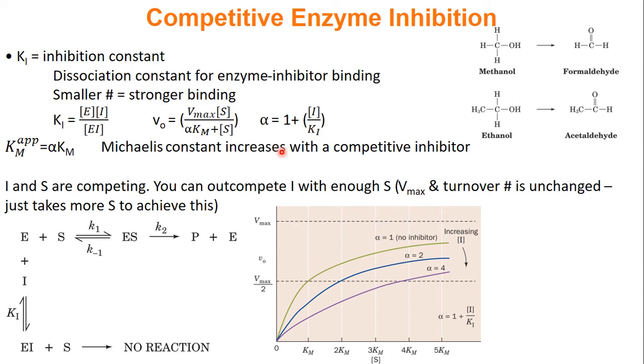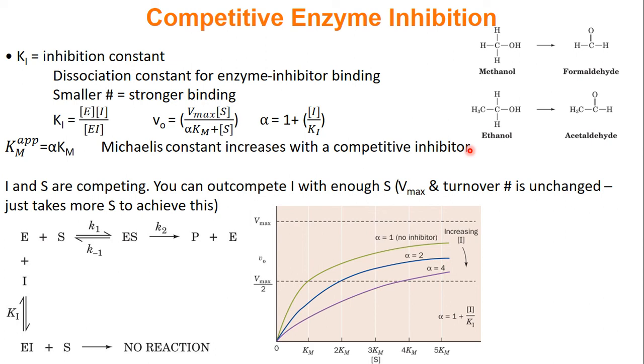Now let's think about why it increases. Well, that's because your inhibitor and your substrate are competing for the same site. Now, if you have enough substrate, you can completely outcompete your inhibitor. So eventually, you can get to your maximum velocity, and your turnover number are ultimately unchanged if you add enough substrate.